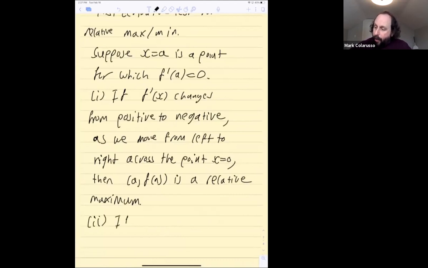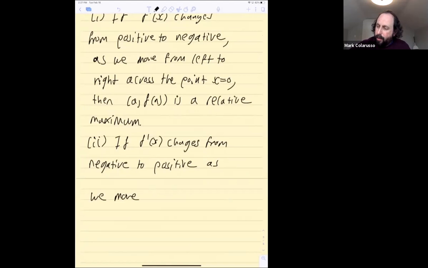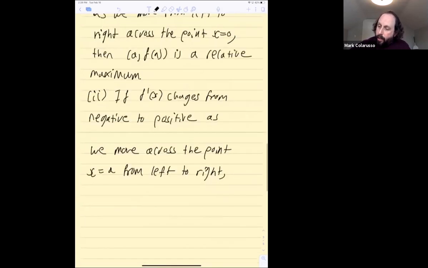Two, if f prime at x changes from negative to positive, the other way, as we move across the point a from left to right, then f at a is a local minimum, or relative minimum, sorry.